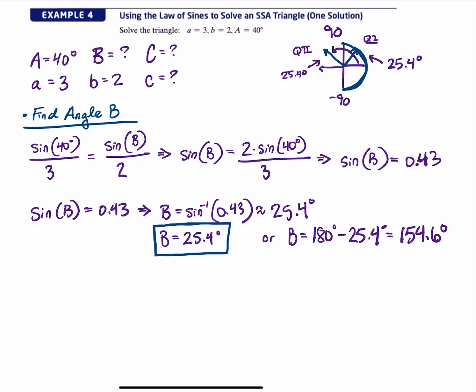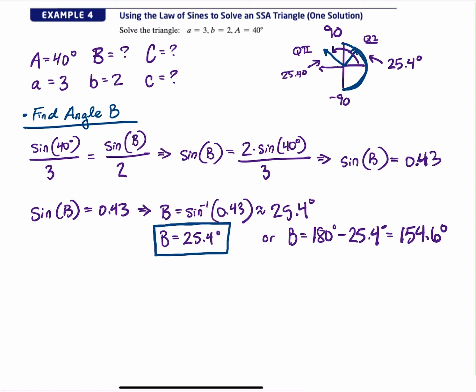And if one of our angles is 154.6, and we know our other angle from earlier was 40 degrees, if we just add those two together, we will already be beyond 180 degrees. We'll be at like 194.6. So there wouldn't even be any room left for our third angle.